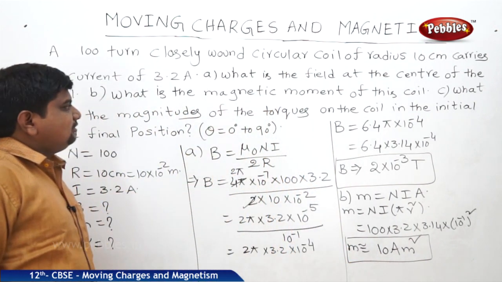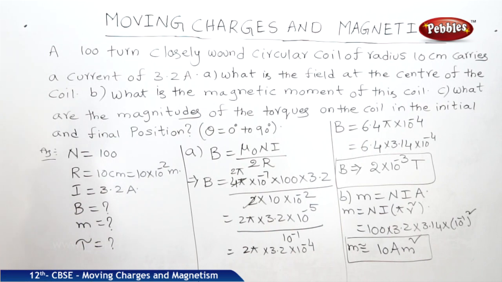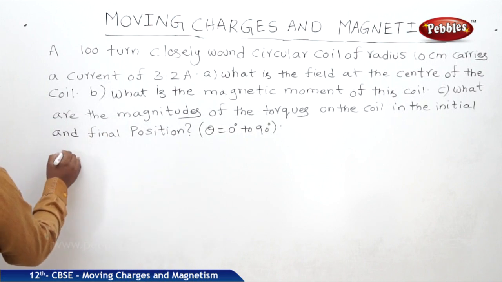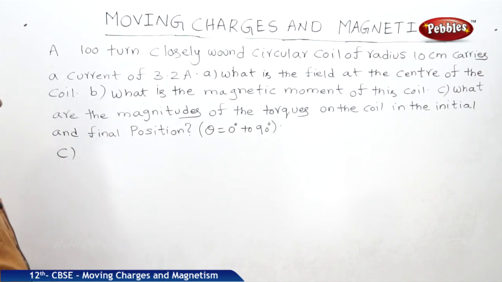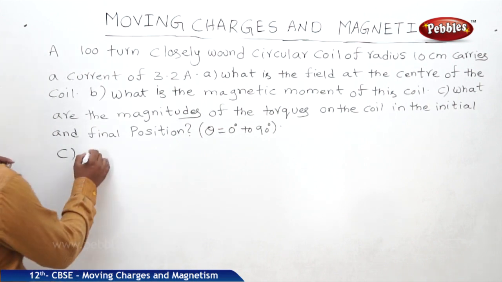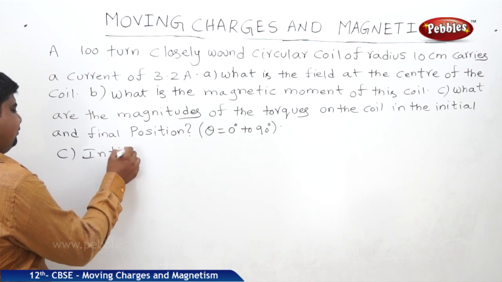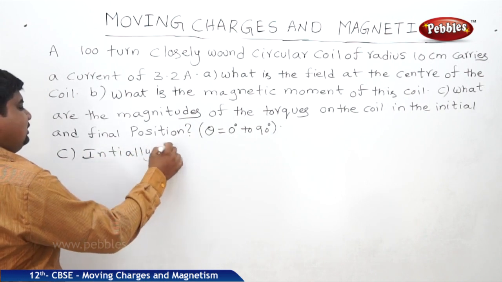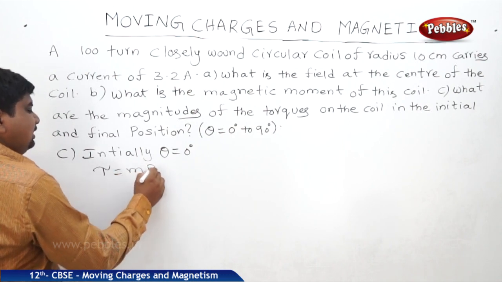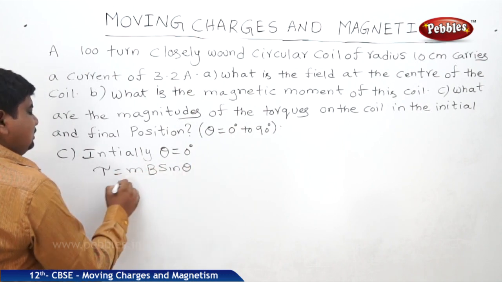So next we should find out the magnitudes of the torque in initial and final positions. So the last bit in the question: what are the magnitudes of the torques on the coil in the initial and final positions? So initially theta is equal to 0 degrees. So tau is equal to MB sin theta.